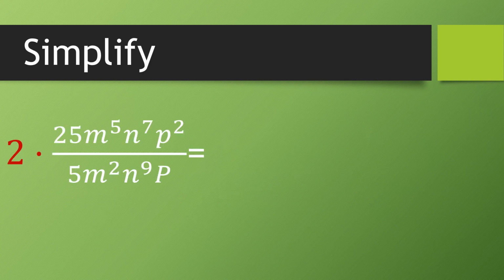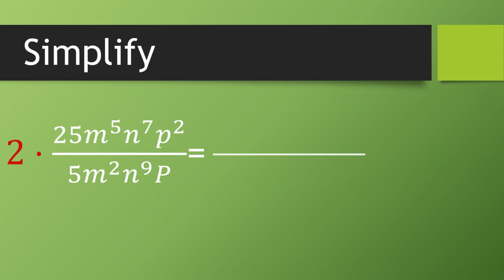Example number 2. This time, we will first bring the variables to the side where the variable has the higher exponent. M will be brought to the numerator, the n will be in the denominator, and the p will be in the numerator.